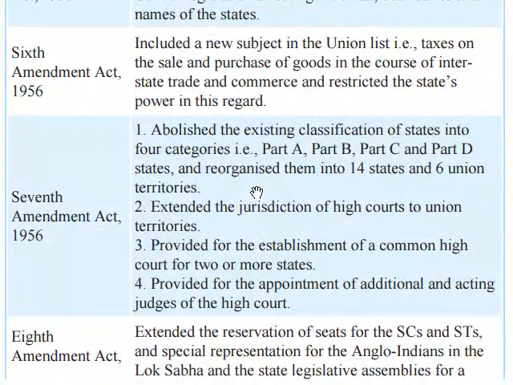It extended the jurisdiction of the High Courts to union territories, provided for the establishment of a common High Court for two or more states, and provided for the appointment of additional and acting judges of the High Court.